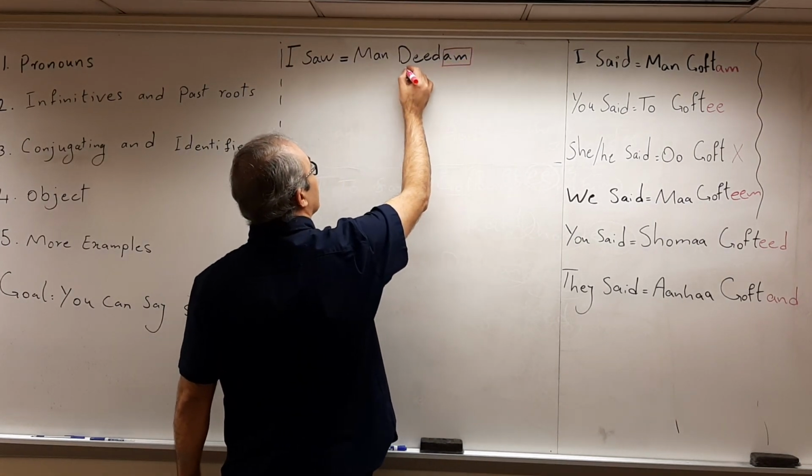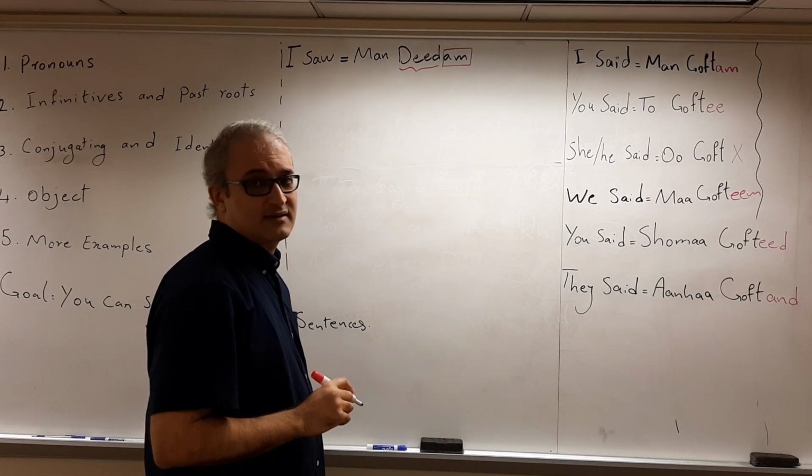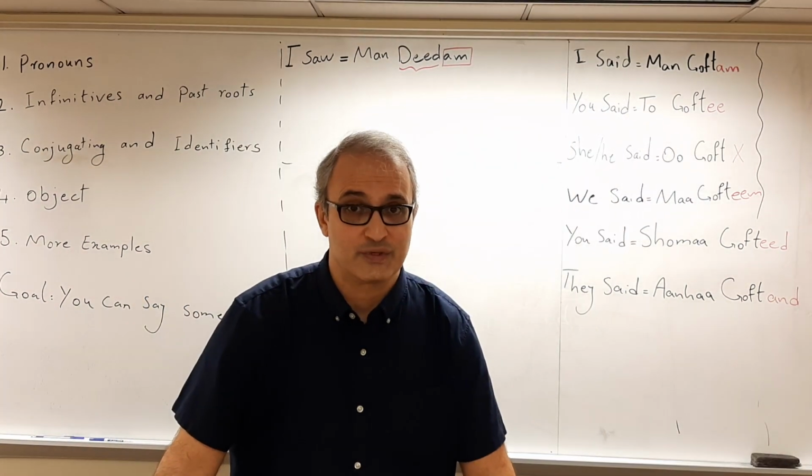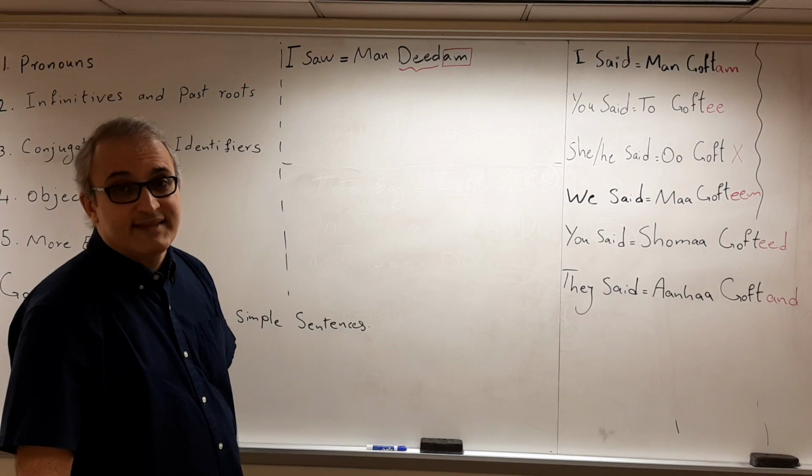Am is the identifier and did is the past root. من دیدم.